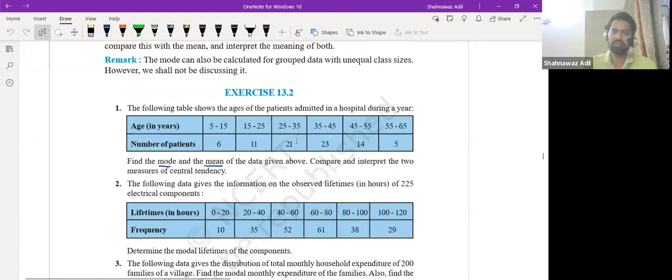Because the rest of the questions are similar, exactly the same.